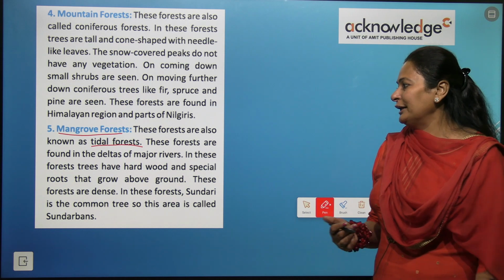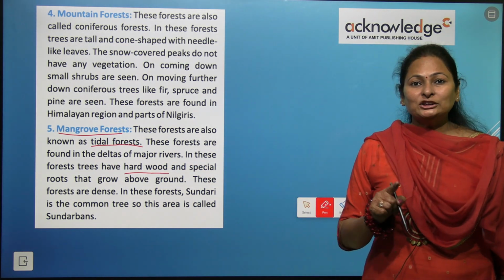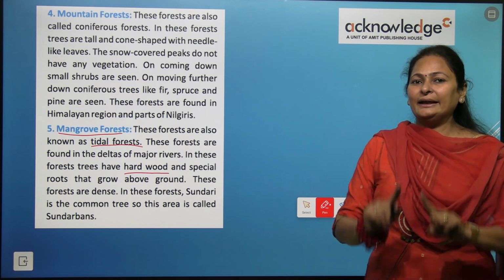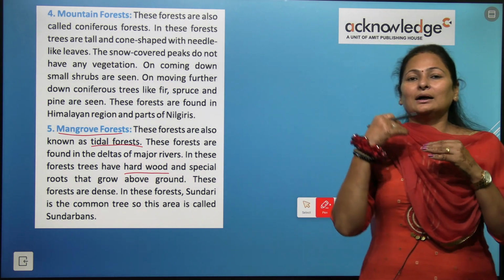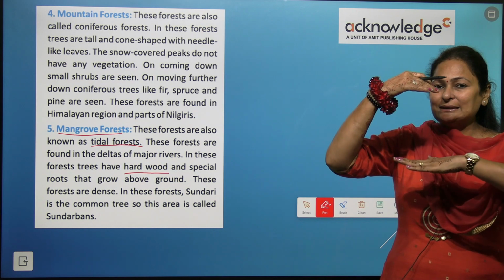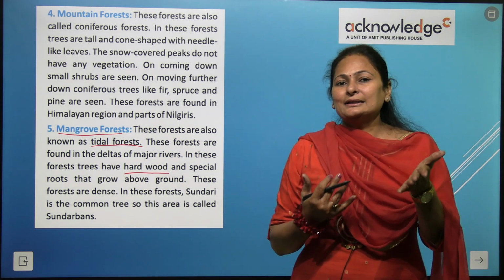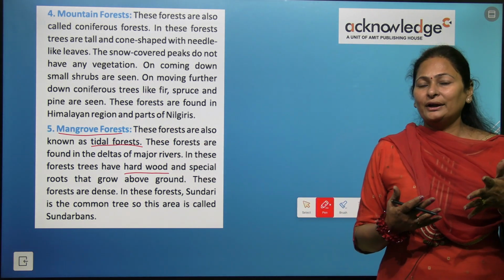In these forests, trees have hardwood and special roots that grow upward. Yes, you all know that the part which is inside the soil is called root, but it is reversed in the case of mangrove forest.